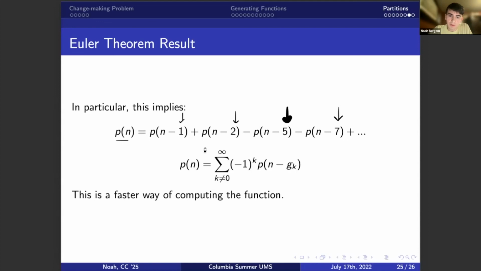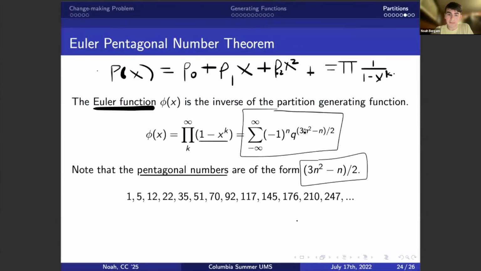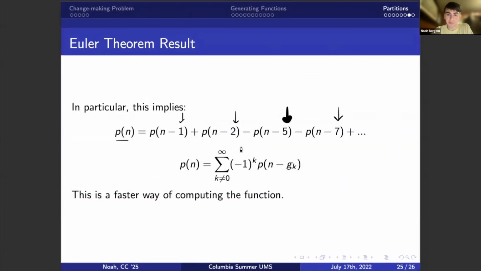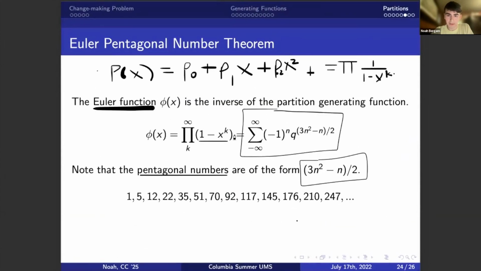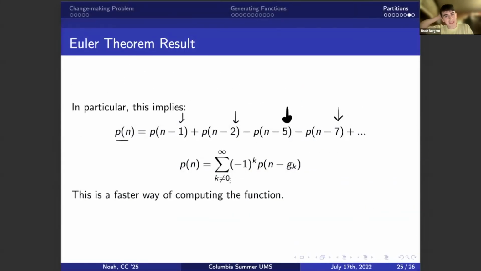You take this not quite alternating sum of p of n minus different pentagonal numbers. Since pentagonal numbers grow quite a bit faster than normal integers, this gives you a better recursive formula for the partition function. And to stress the importance of generating functions, this recursive formula comes from our generating function. So again, generating functions can help us solve problems.